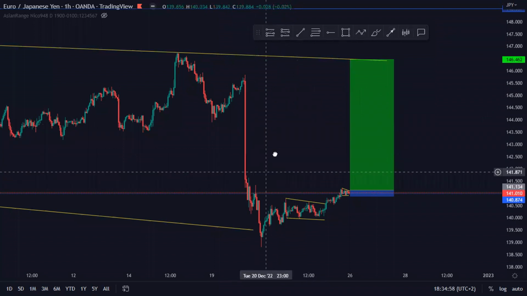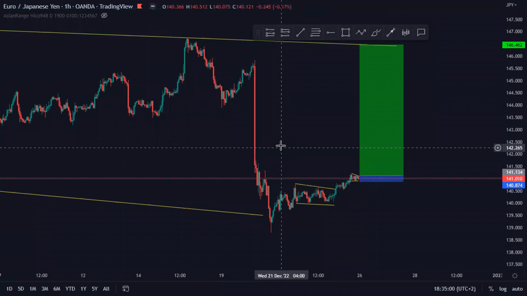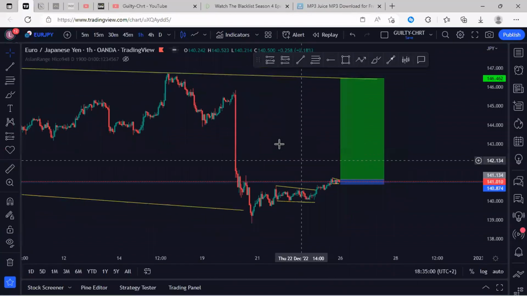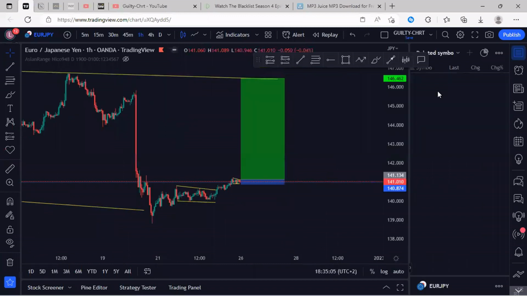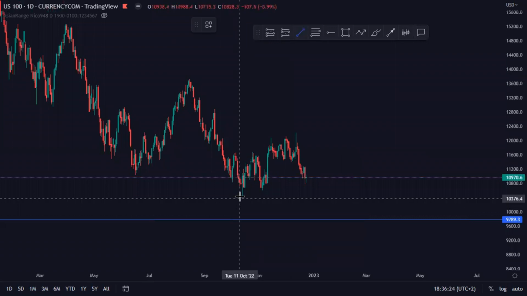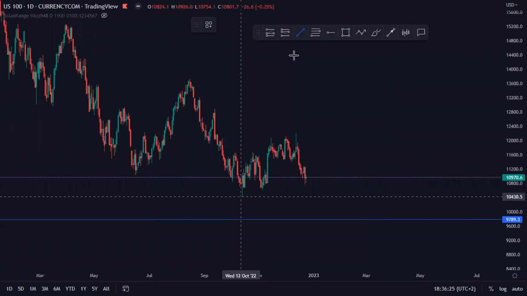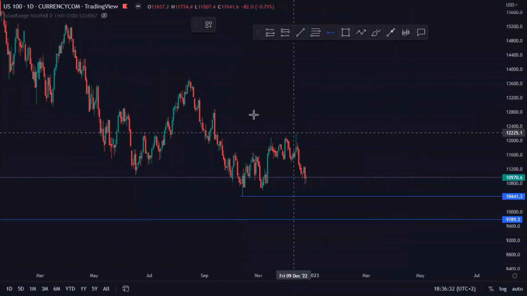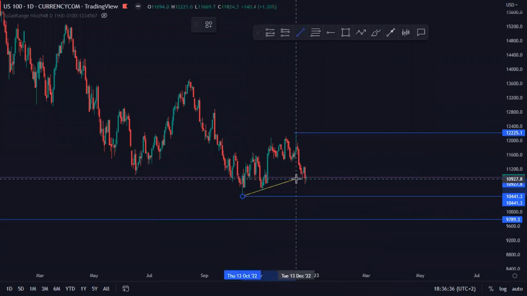Enjoy it. Okay, with all that said, now we're going to jump onto our next two pairs that we're going to analyze, which is simply US 30 and NAS 100. Still the same thing again. Okay, sorry. First, our recent lowest low, recent highest high there. Okay, we are in between there, throwing our patterns.